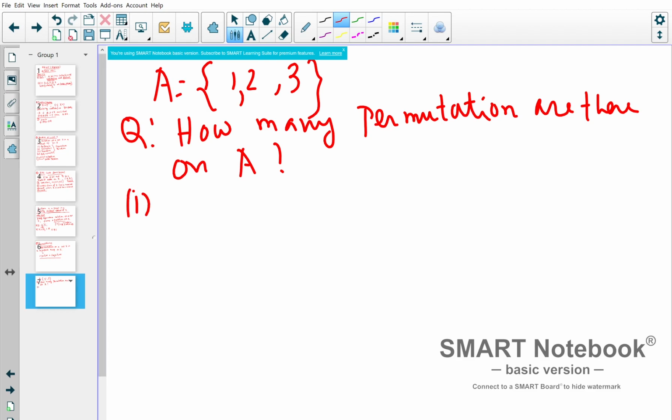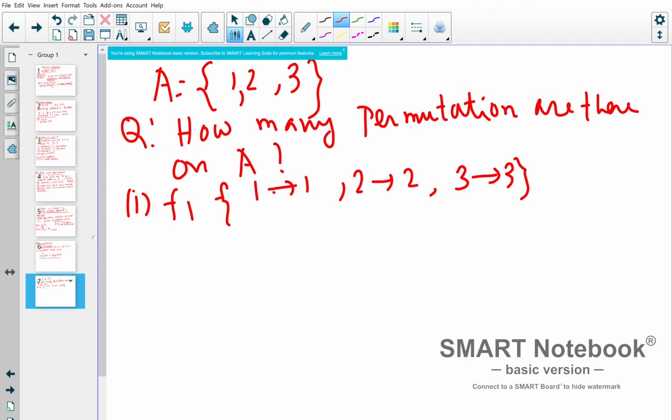So obviously you can easily find out. For example, you may have a map, say F1, and what does this F1 do? It sends 1 to 1, 2 to 2, and 3 to 3.